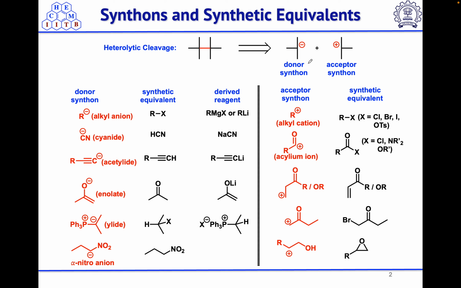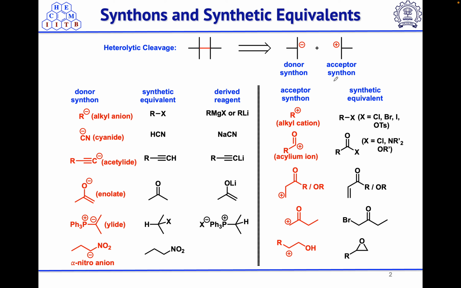The negative charge has two electrons, so it can donate them; it is called a donor synthon. The positive charge does not have any electrons, rather it can accept electrons, so it is called an acceptor synthon.